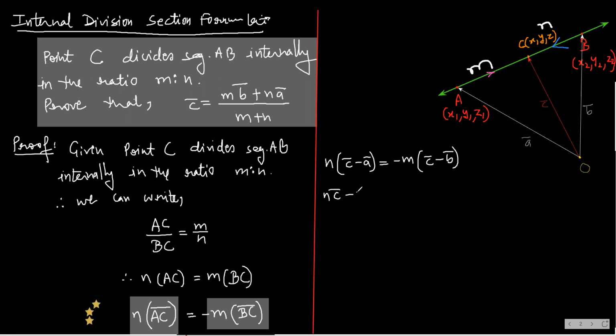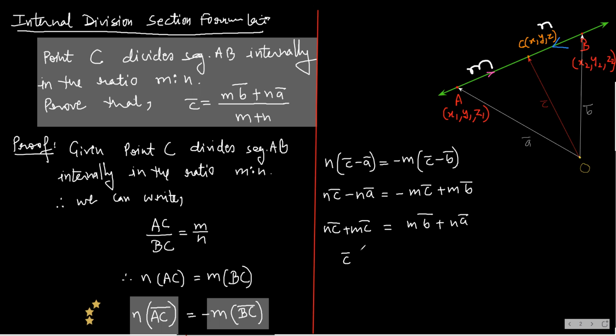So nC bar minus nA bar equals minus mC bar plus mB bar. Then I shift this mC bar to the left. So I have nC bar plus mC bar equals mB bar plus nA bar.